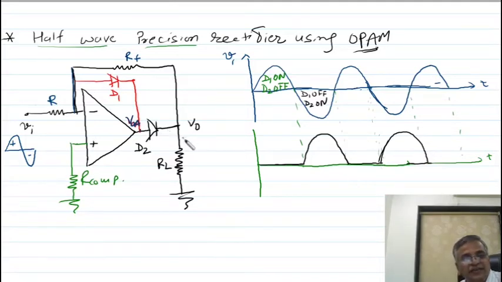You will get negative output. So this is the discussion of the half wave precision rectifier. This is the working of the circuit.